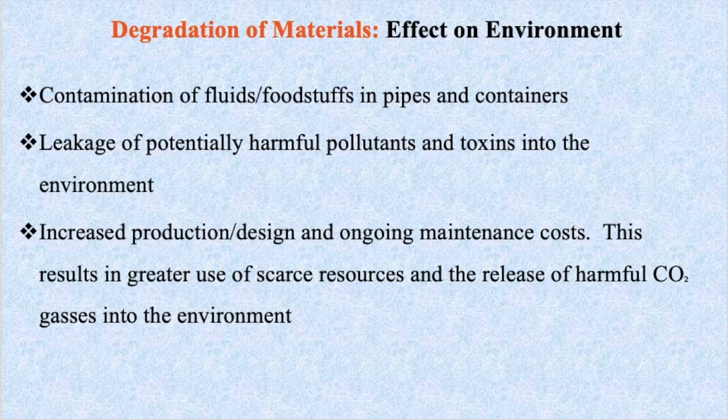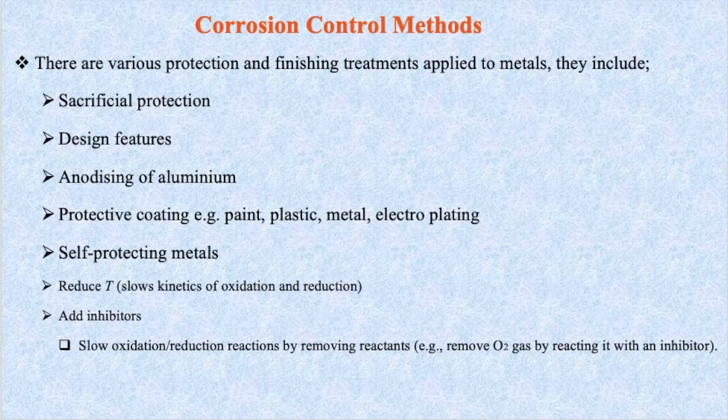So then what do we do? There are several control and protective measures that can be done, and I've listed a few here, and we're going to go through each of these in detail. They include sacrificial protection, using design features to control or to prevent corrosion, and anodizing.